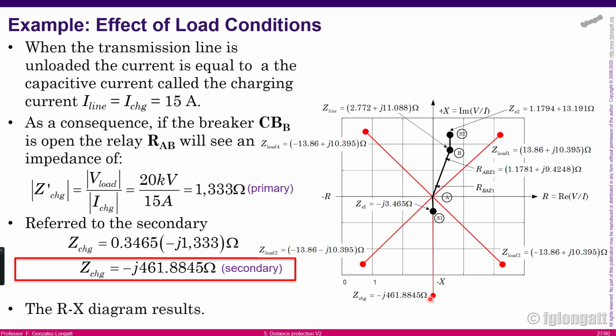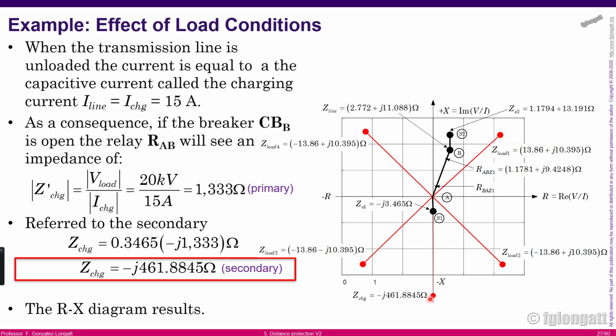Okay, what you need to understand here is that loading conditions can interfere with the operation of the distance relay. For that reason, in the future, when you are setting a distance relay, it's very important that you also examine possible locations of loading conditions, especially emergency loading conditions of transmission lines.